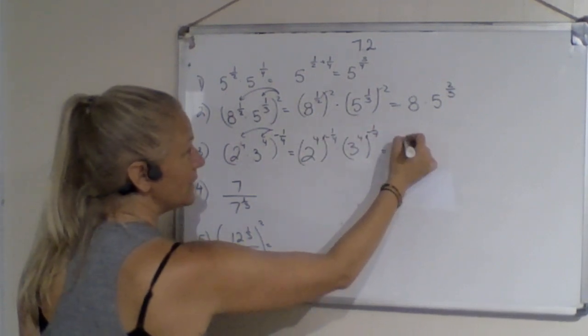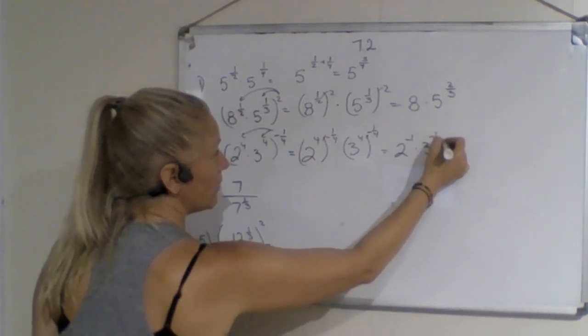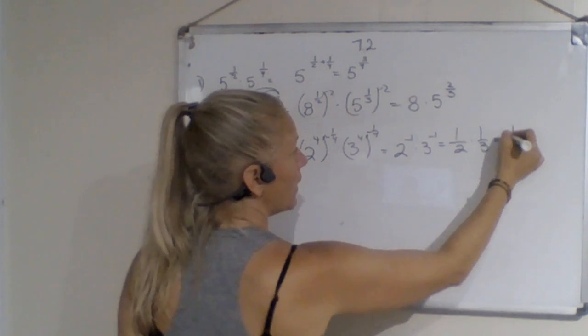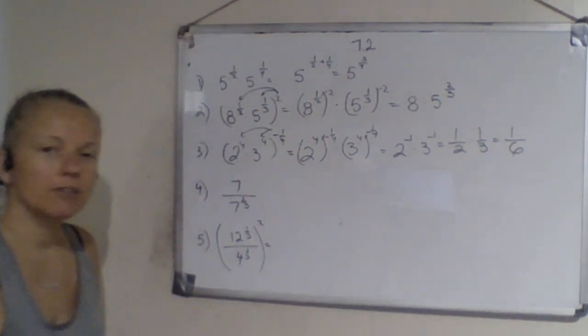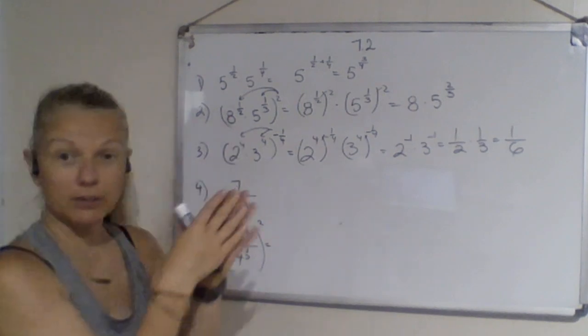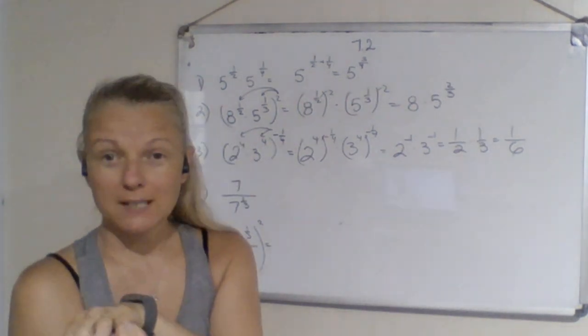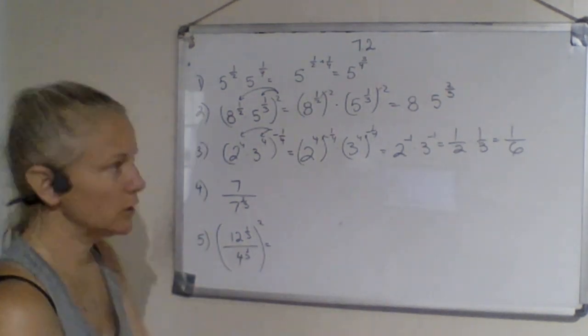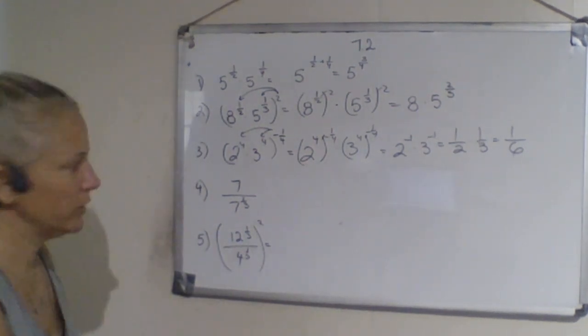This becomes 2 to the negative 1 times 3 to the negative 1, or 1/2 times 1/3, or 1/6. If you look at the book, what they did is they wrote this as 2 times 3, all of it to the 4th power. 2 times 3 is 6. 6 to the negative 1 becomes 1/6. There's 2 ways to do it. I don't mind either way you do it.